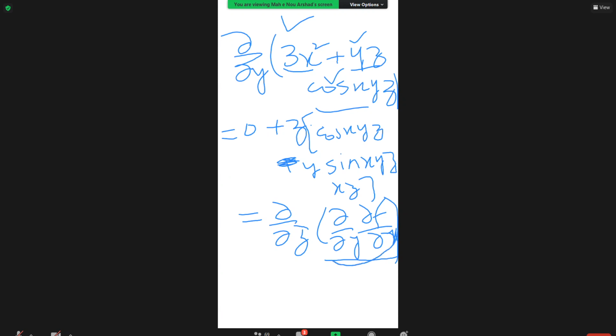Now these calculations have to be completed. Now I will take the derivative of this upcoming calculation with respect to z. So I will write here partial by partial z of this upcoming result.